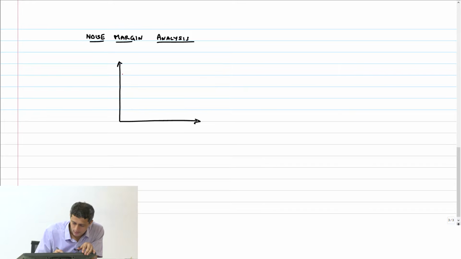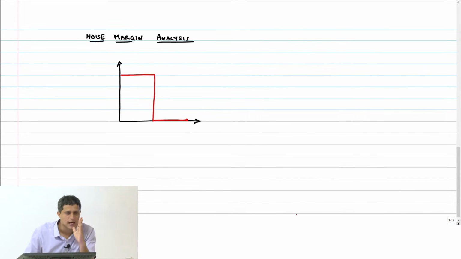So the ideal voltage transfer characteristic was like this, right? A very sharp thing at around VDD by 2. Not necessarily, I can actually move that a little bit here and there depending on my threshold that I need, right? The trip point would be at VDD by 2, okay?